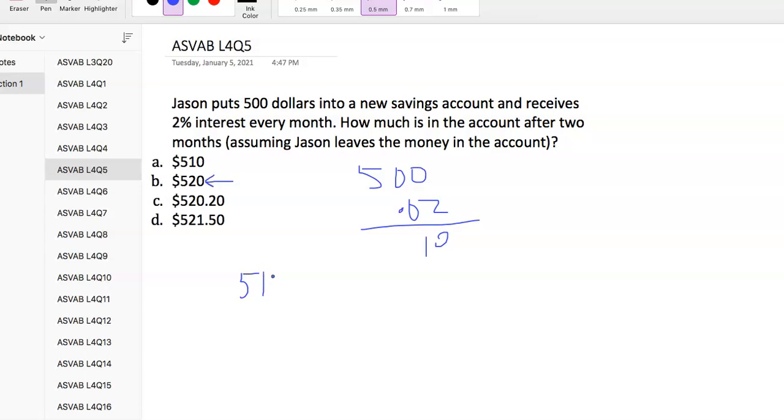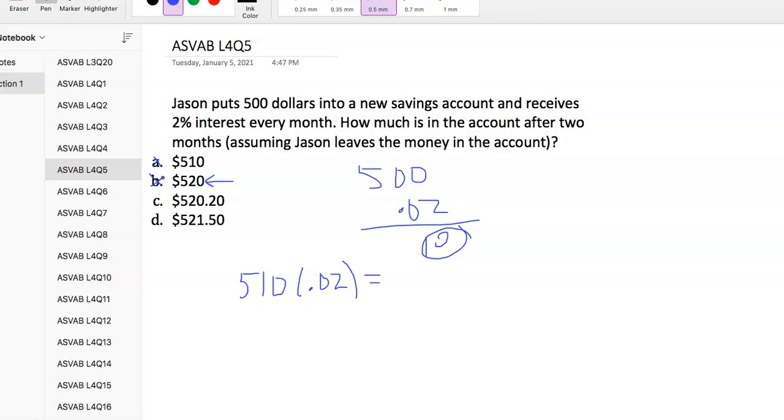Now at the beginning of month 2, I'm again going to multiply it by the 2% interest, and you can see, without even doing the math, that this number is going to be more than 10, right? Because 500 times 0.02 is 10. 510 times 0.02 is going to be a little bit greater than that, and that means this one's definitely wrong.